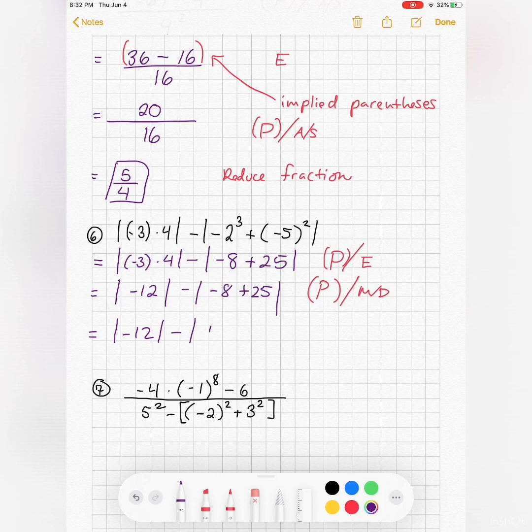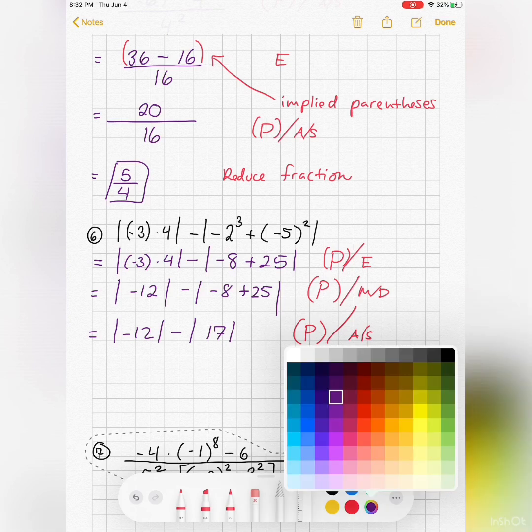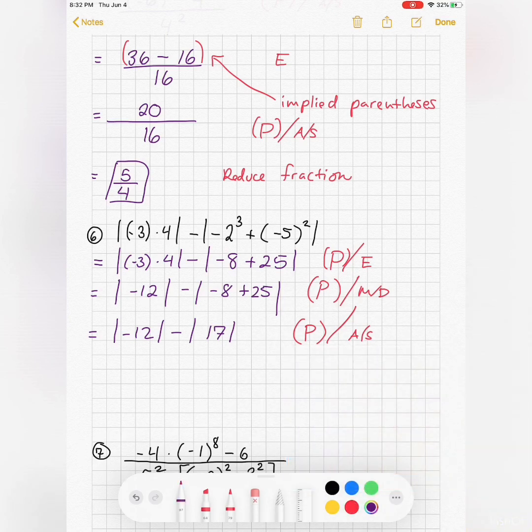So 25 minus 8, is that 17? Now I can go ahead and apply my absolute values. And then in my very last step, I do my addition subtraction.